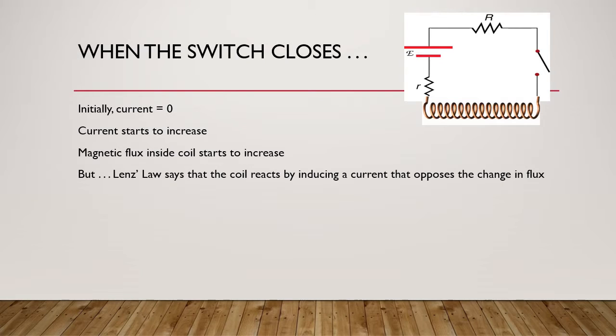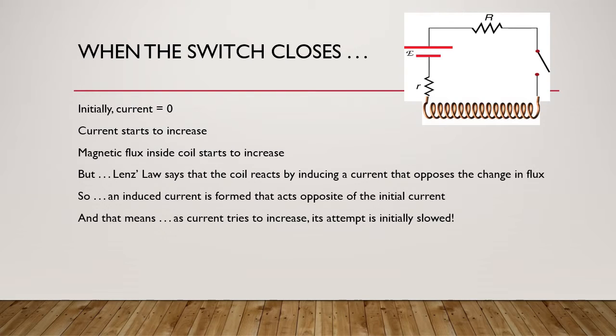Well, if that's an increase in flux, it's going to make a current that makes a decrease in flux. What's the only kind that would do that? An induced current that would go the exact opposite way of the initial current. So we're going to have the current from the battery, and we're going to have a current that goes the exact opposite way.